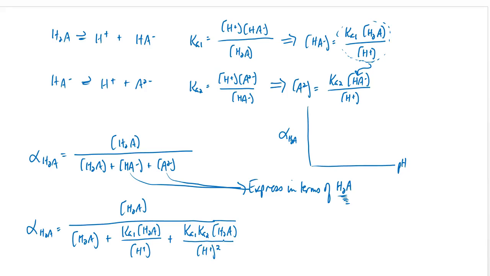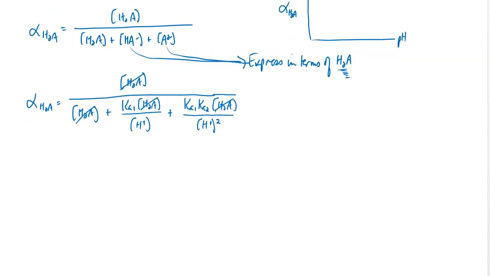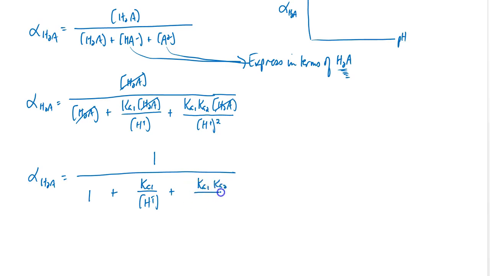So that was useful because all four terms in this equation have H2A in common and they can cancel out. So what does that give us? That gives upstairs just a 1, and downstairs this would be just a 1, and we would have Ka1 over H plus, plus Ka1 times Ka2 over H plus squared.